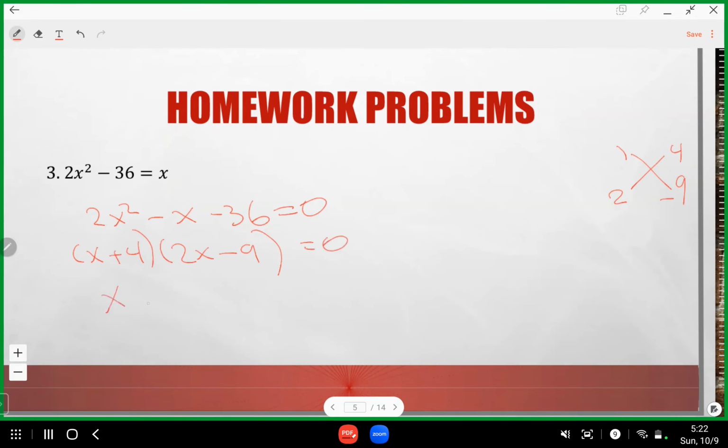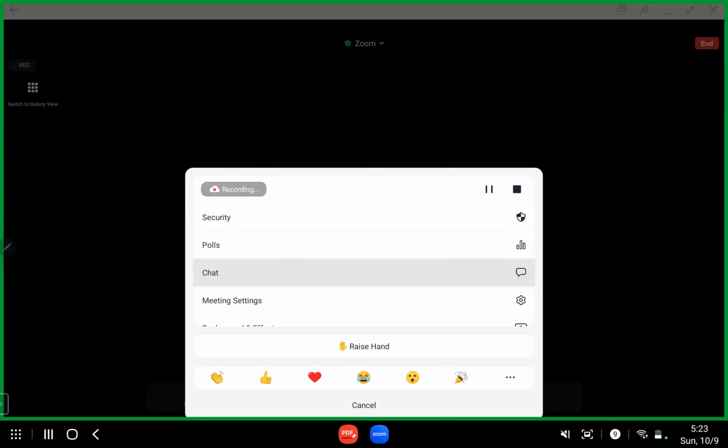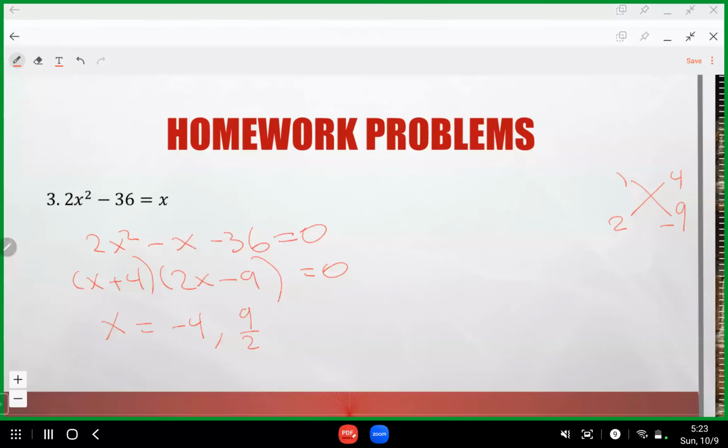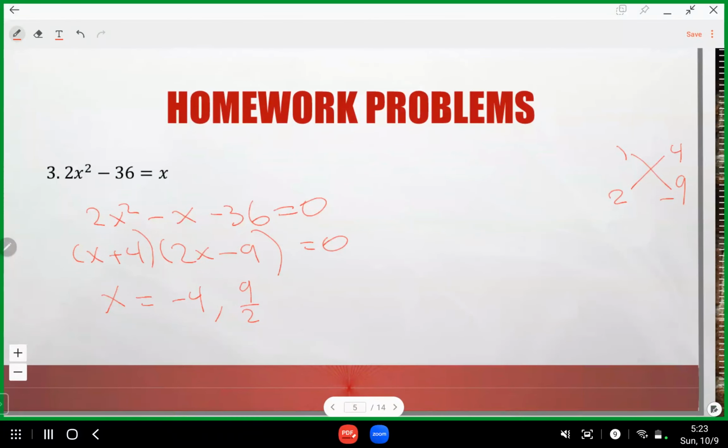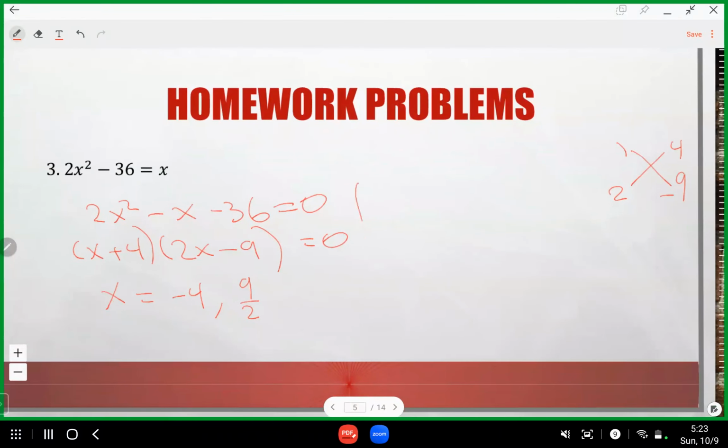So then you get x is equal to -4 and x is equal to 9/2, right? Is that correct? All right, so 9/4 is incorrect. So, anyways, that is our factoring method.